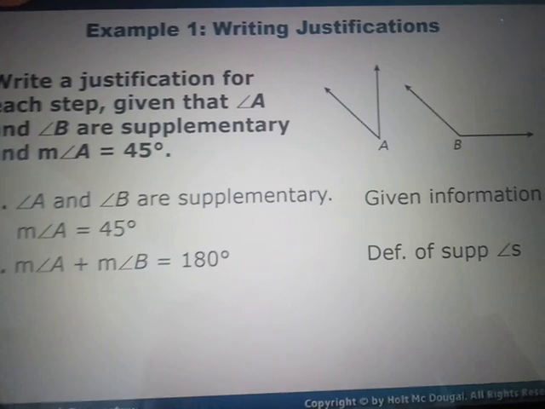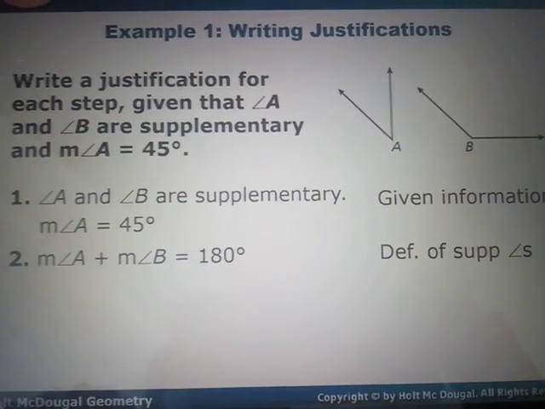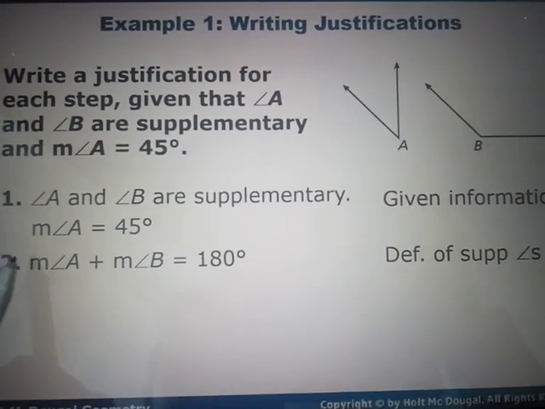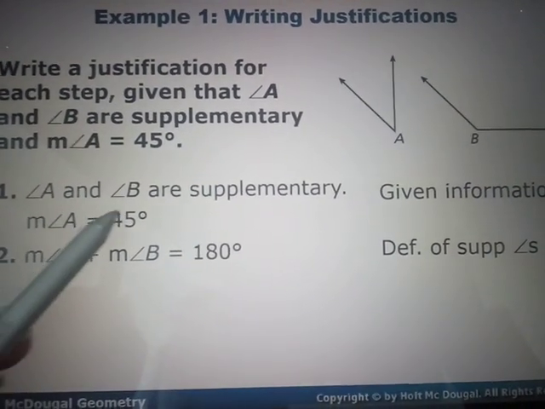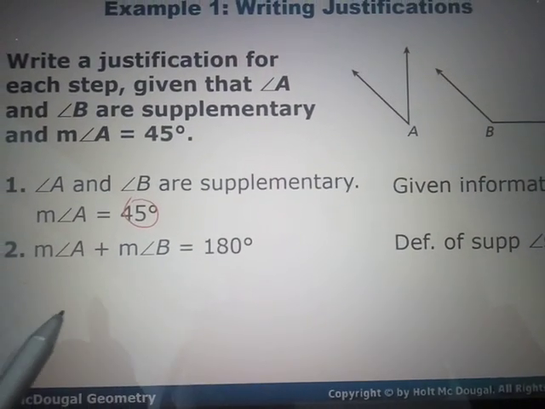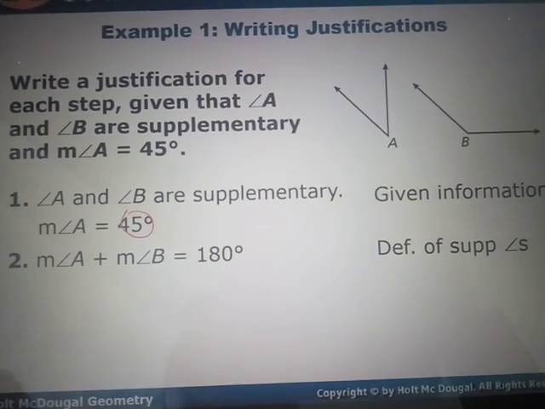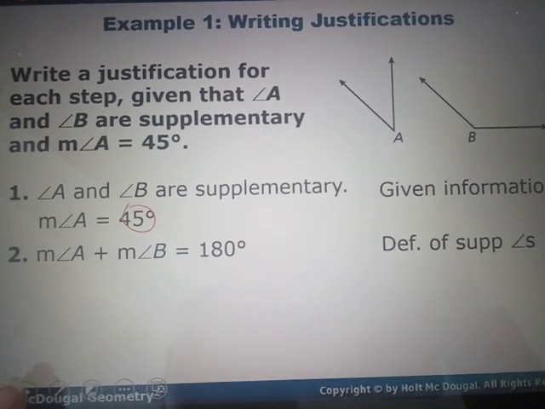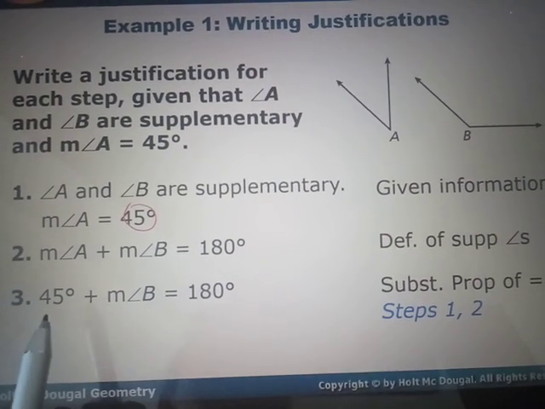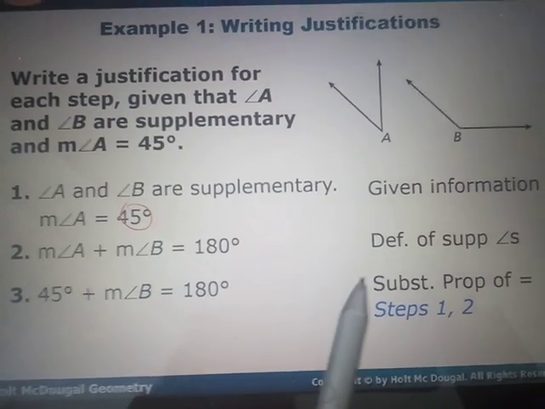Okay, so what is the next step? Excellent. Evaluation or substitution. I know the measure of angle A equals 45, so instead of angle A, I will write 45. It's substitution. 45 plus measure angle B equals 180.